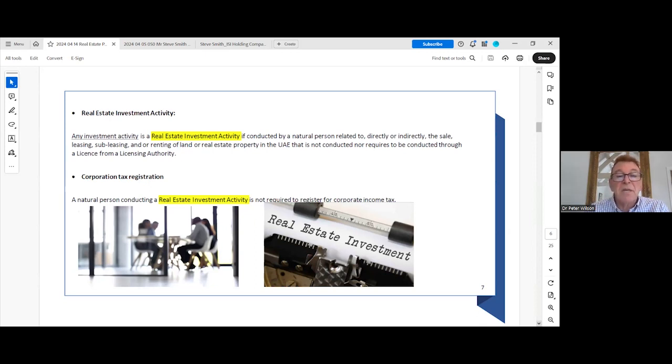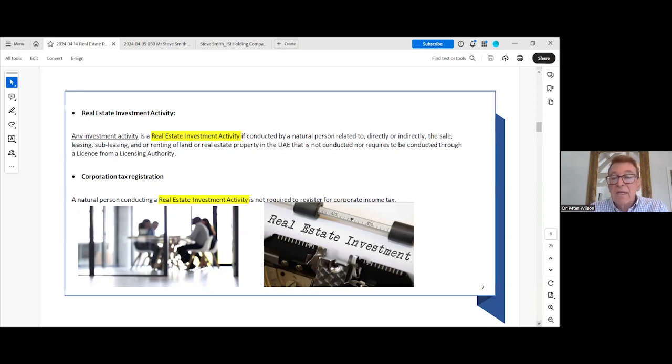So the first thing to notice about this is that an investment activity is a real estate investment activity. So if an activity is not an investment, if it's a trade, then by definition, it can't be a real estate investment activity. A lot of the comments that I read seem to give a very wide coverage of real estate being tax-free.